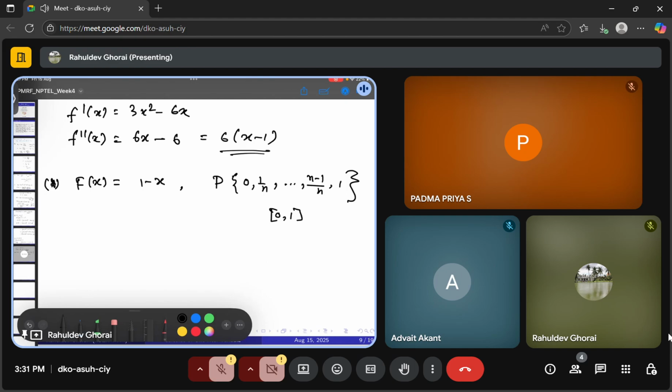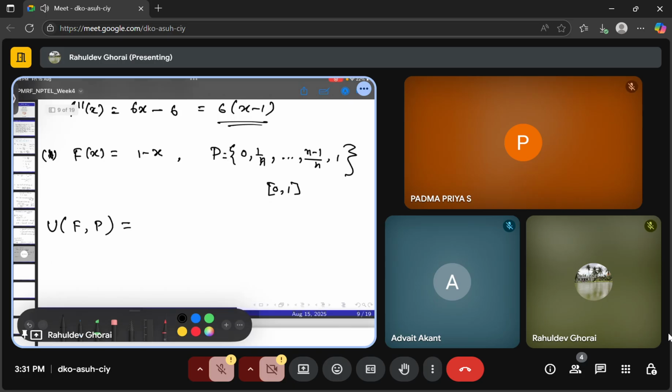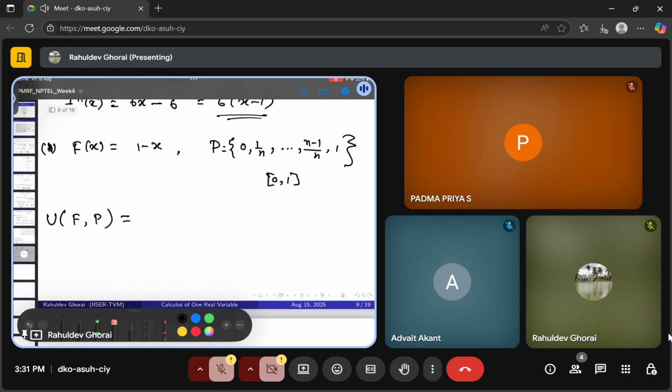All of these things you know, I guess. Then what is U(f, P)? You know, it is the upper sum, right? How do you define that upper sum?